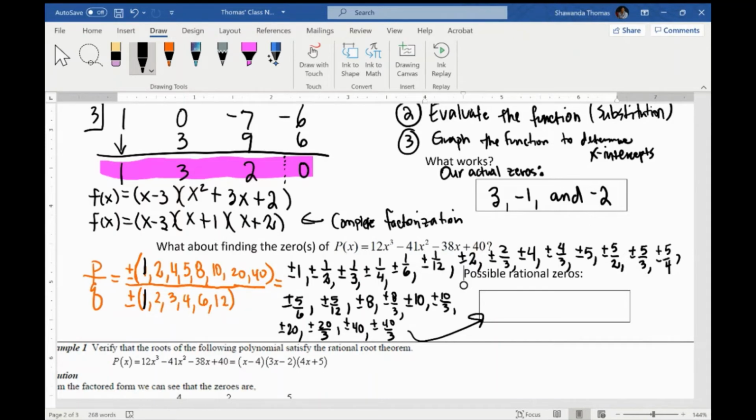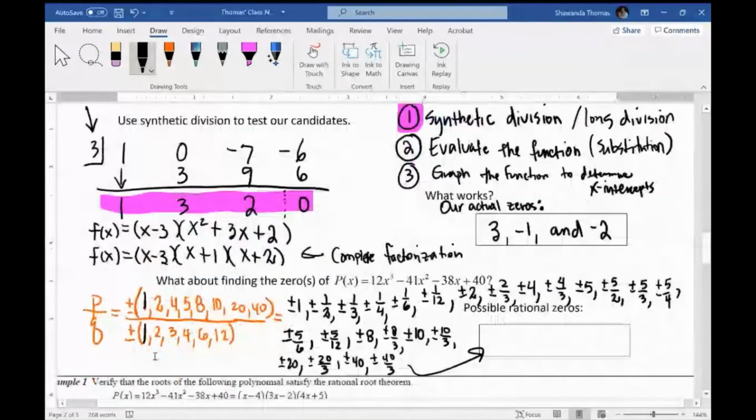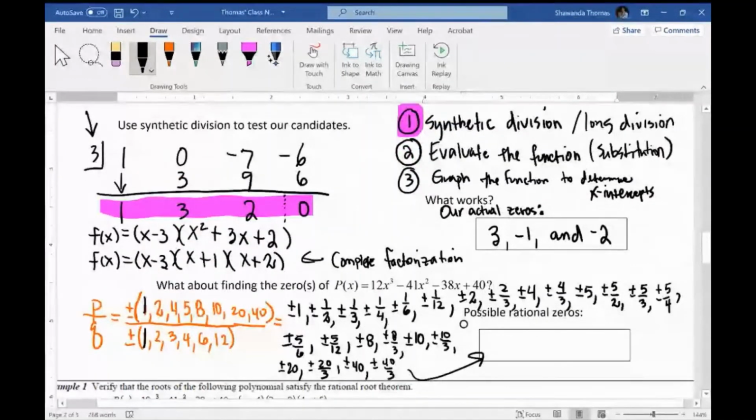Now, do you really want to just guess at what numbers would work in synthetic division? No, because there are 48. Our whole test will be over.